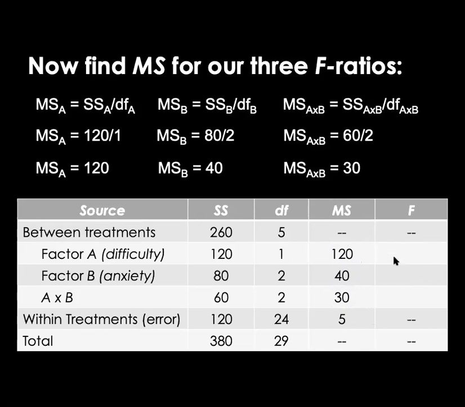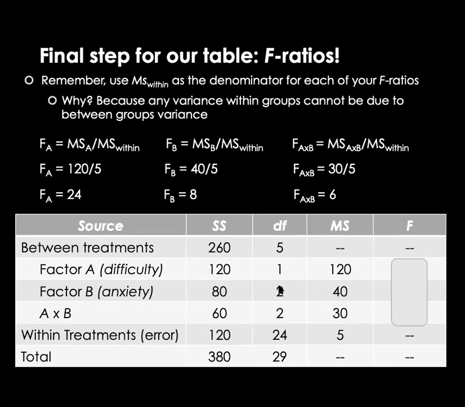Now all that's left is to compute our F values. Final step. Remember to use mean squared within, which is 5, as a denominator for each of our F ratios. And just to review, any variance within the groups cannot be due to the between group variance. So that's why we're using that within treatments mean squared for our denominator.